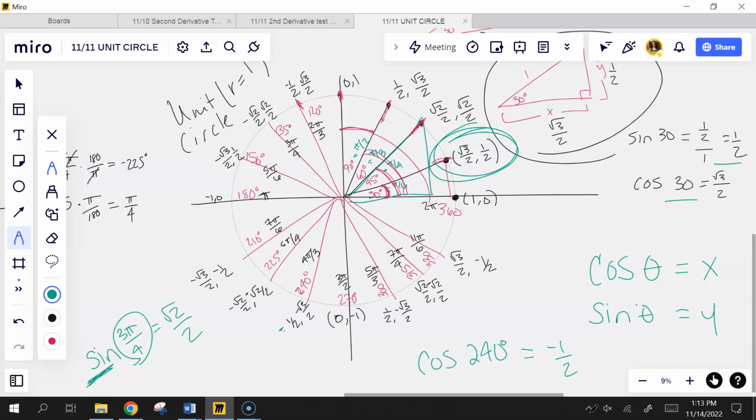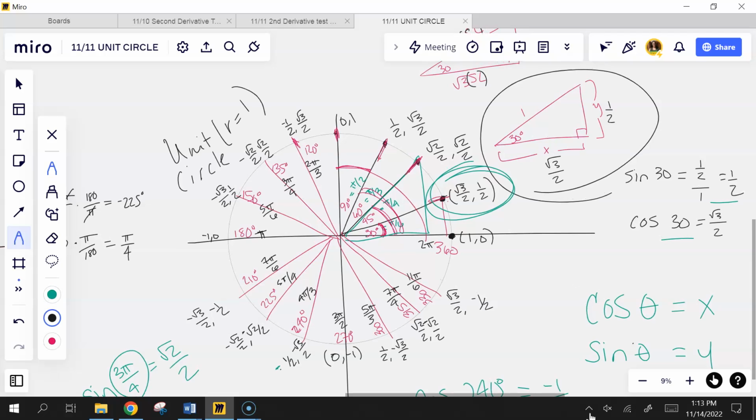There's only one 3 pi over 4. 3 pi over 4 is 135 degrees, so the sine is square root of 2 over 2. I'm on number 11 on your sheet. What's the sine of 135? I go to 135, square root of 2 over 2.